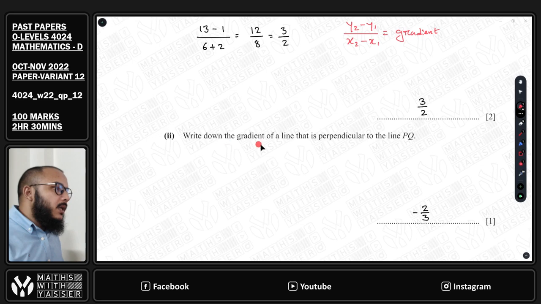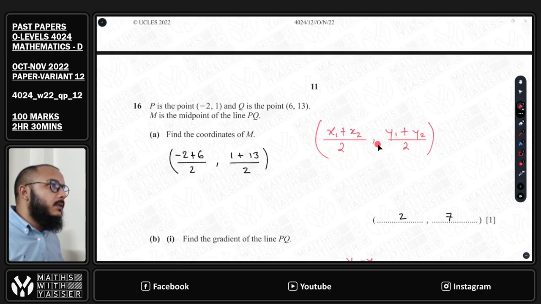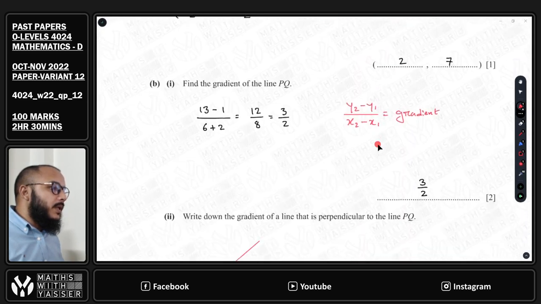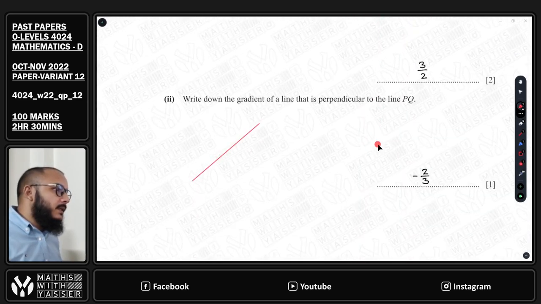Next we have, write down the gradient of a line that is perpendicular to the line PQ. Let's assume that this is PQ and we got the gradient for this to be 3 over 2.